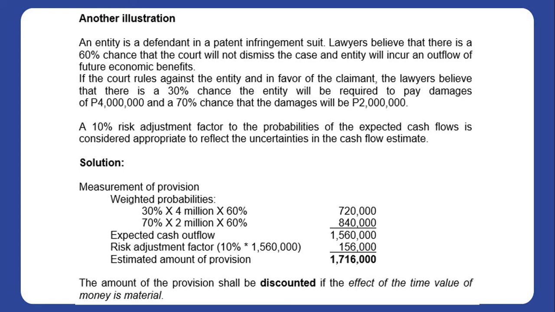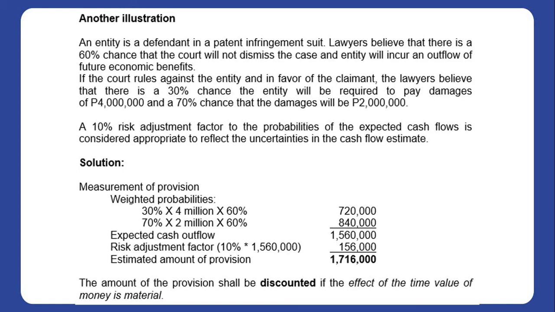So it is unfavorable on the part of the entity as the defendant, that there could be a possible or probable loss. Since 60% chance is within the probable range, we need to recognize the provision.